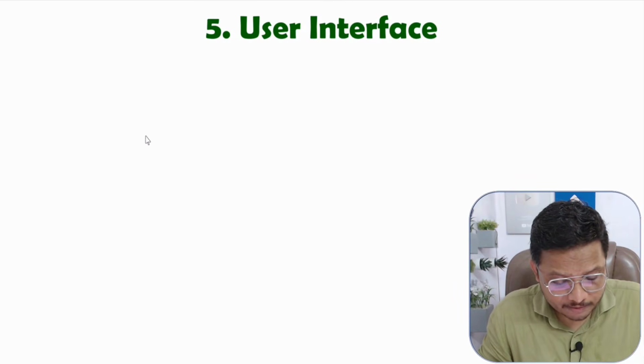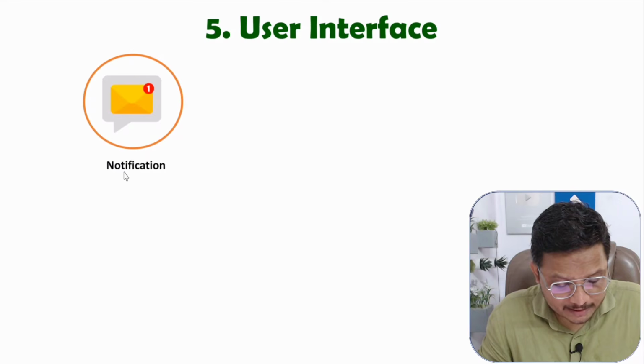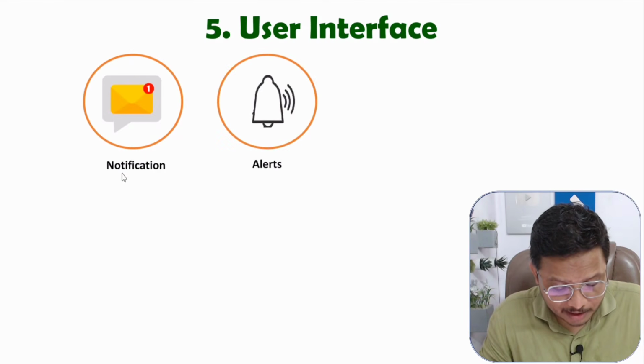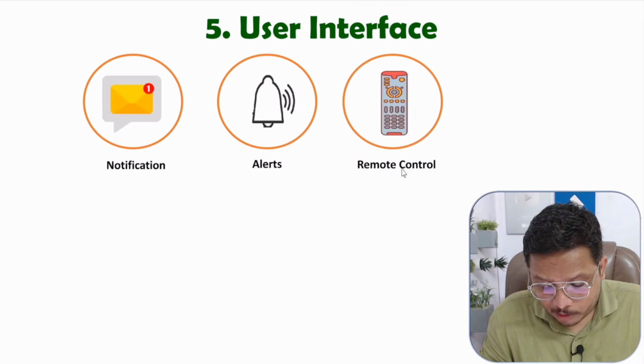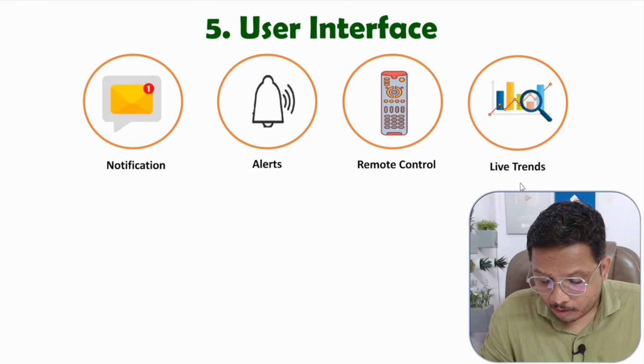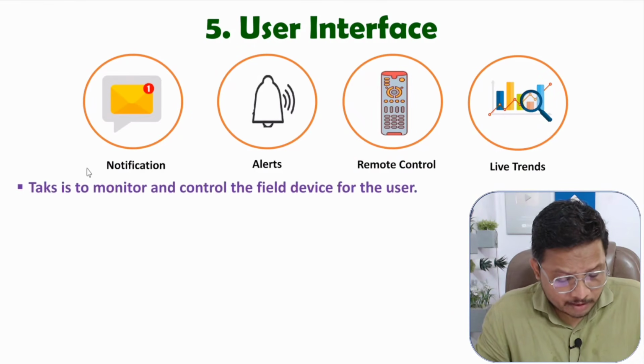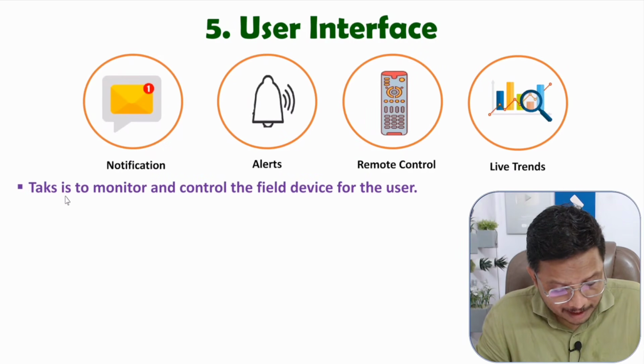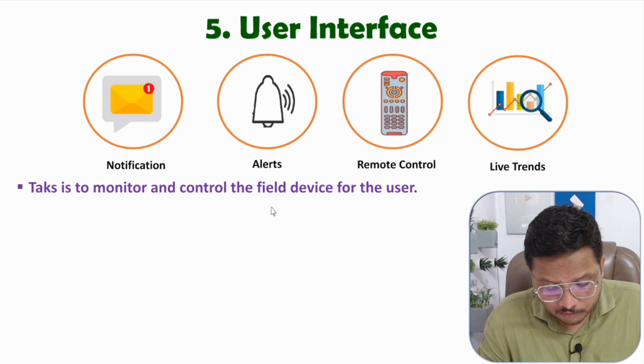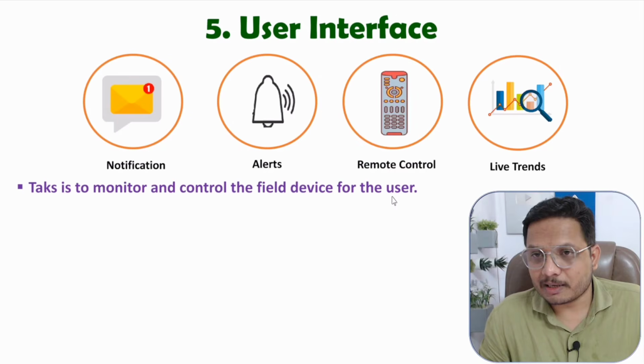See, to have a user interface, you need to understand some key parameters like what is notification in an application, how alerts are provided in an application, how we have remote control of the application, and how the user can observe live trends of the application, right? See, if the user wants to monitor the task and if the user wants to control the task on the field, then the interface of the user with the application is very essential, right?